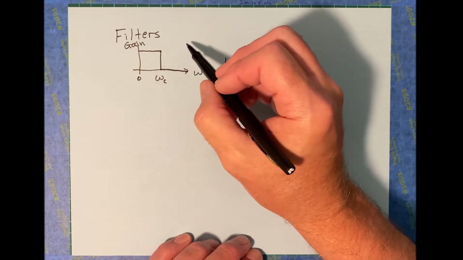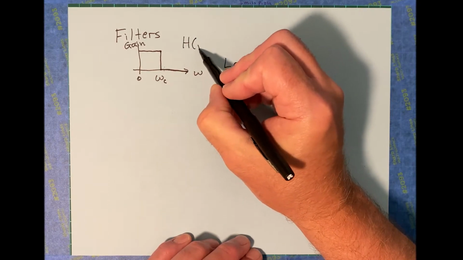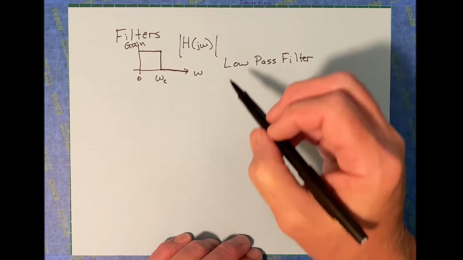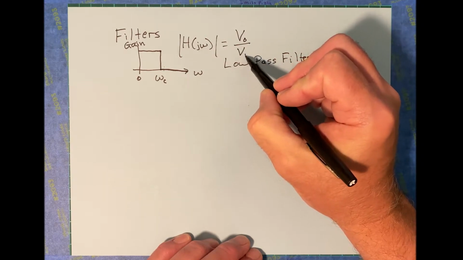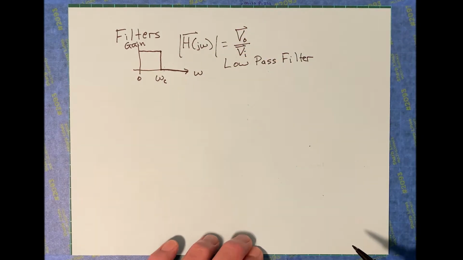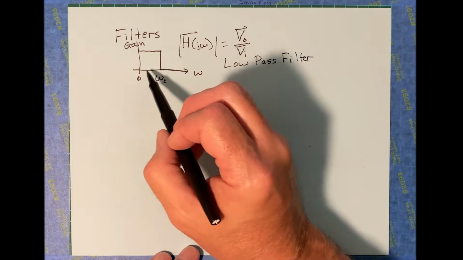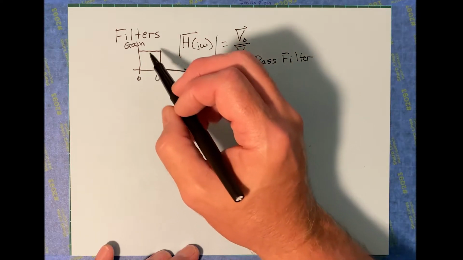Remember what that gain is. That gain is going to be a transfer function, the magnitude of that transfer function, which we have said is going to be voltage output versus voltage input. Everything's a phasor here. Okay, so this would be a low pass filter because it's allowing the things that have low frequencies to pass through.